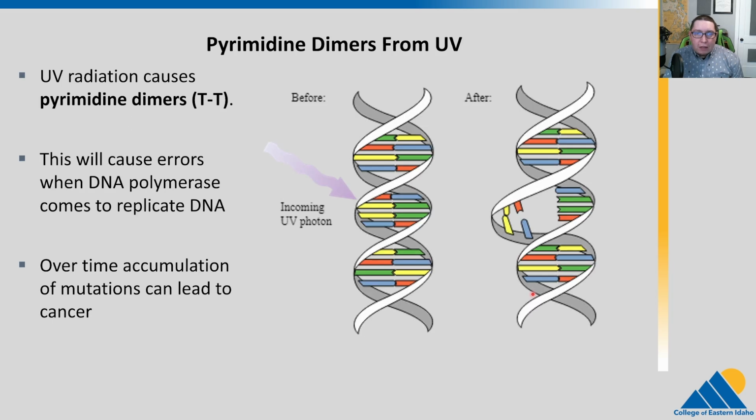Now, let's look at one specific one, UV. You're probably aware that the more UV exposure you get, the higher your chance of getting skin cancers, right? That's why we encourage people to wear sunscreen to cut down on the amount of UV that their cells receive.